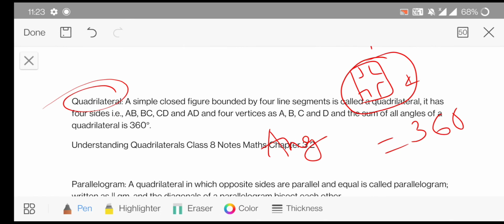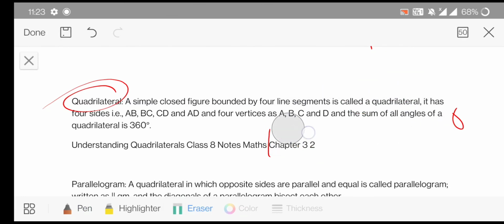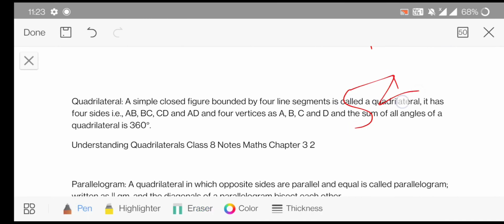And if there are five angles, then what is the addition of all the five angles? So if there are three angles, then the addition is 180 degrees. If there are four angles, then the addition is 360 degrees. And if there are five angles, then the addition is 540 degrees. So you must keep these three things in your mind.